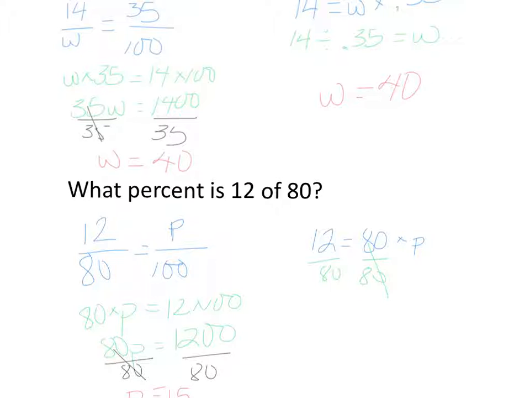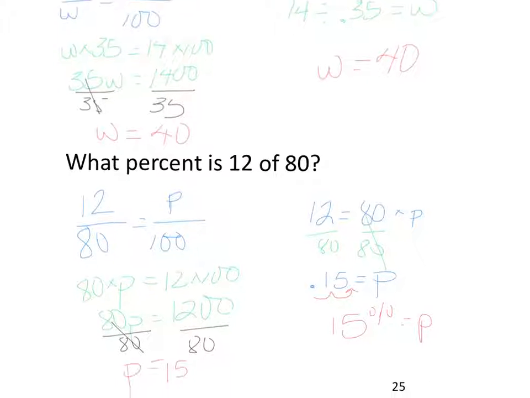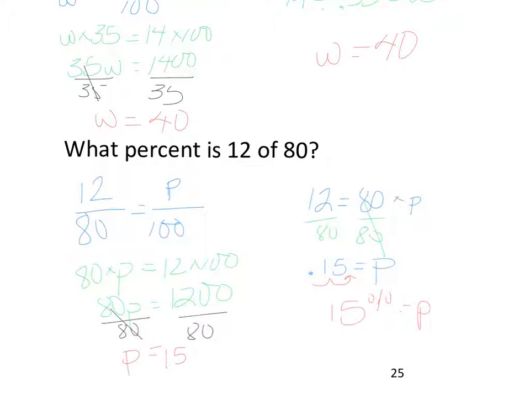We then get 0.15 is what P is. Now, that's the decimal form. We have to change this into the percent form. Okay, whoops, I forgot my symbol. There, my unit's there. So 15% is our answer either way you look at it.